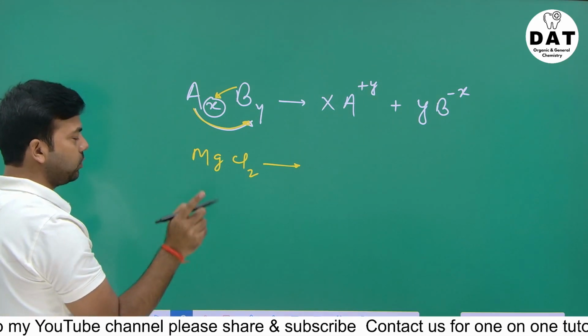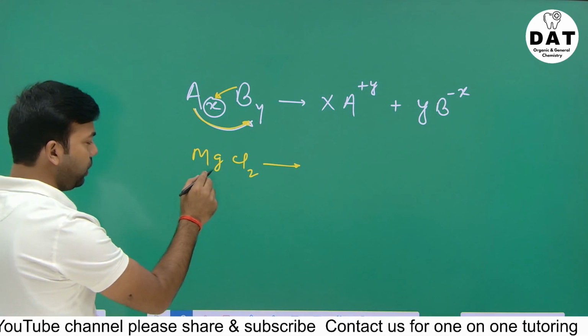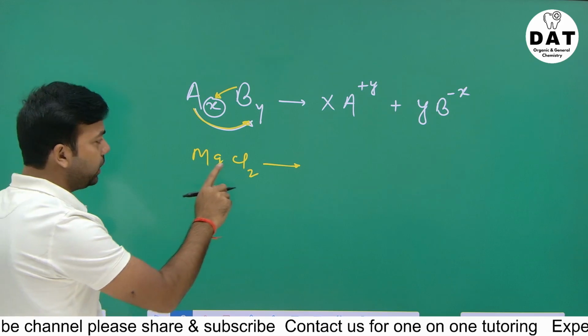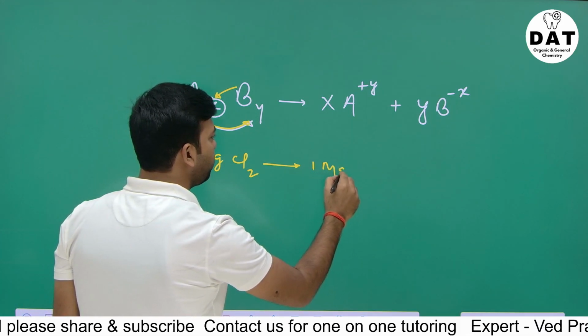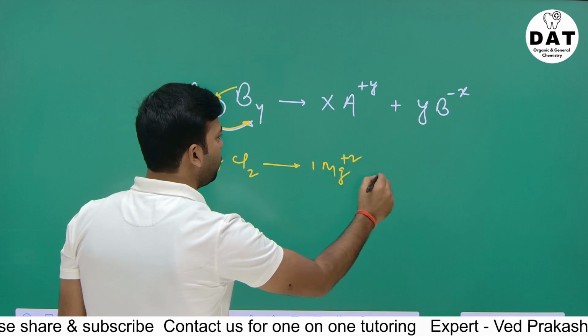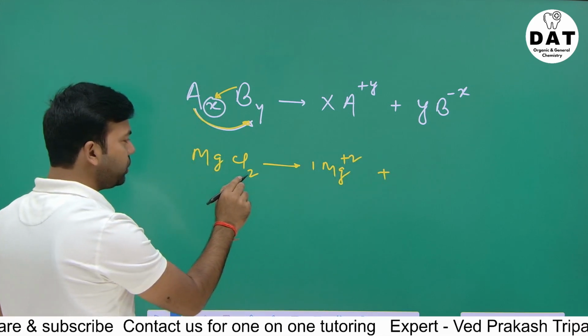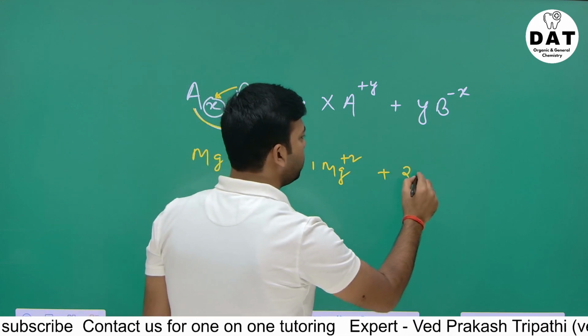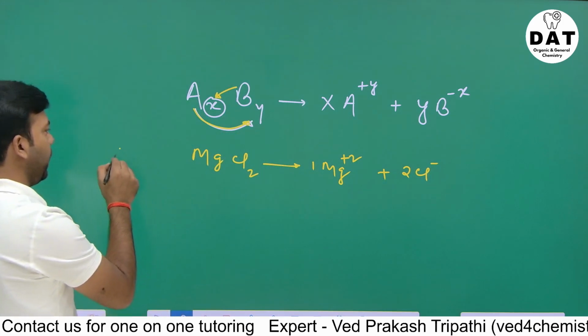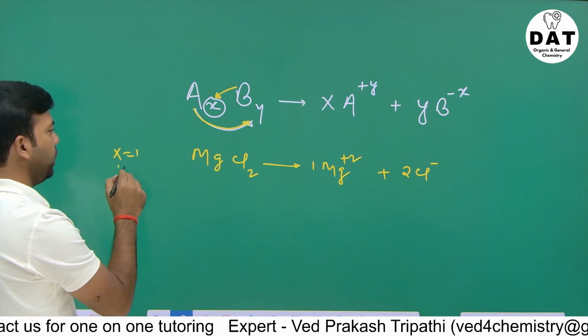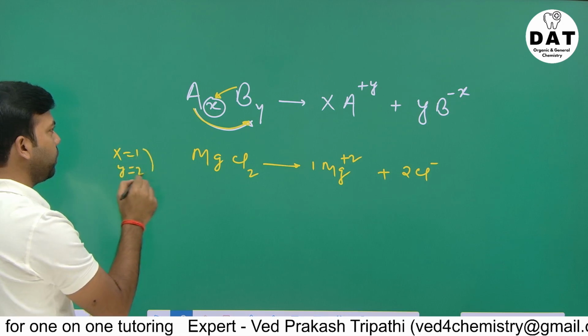I said cross multiplication. Mg value how much? 1 and chlorine value is 2. So it will be what? 1 Mg 2+ plus 2 Cl minus 1. Makes sense? Because here x is my 1 and y is my 2.